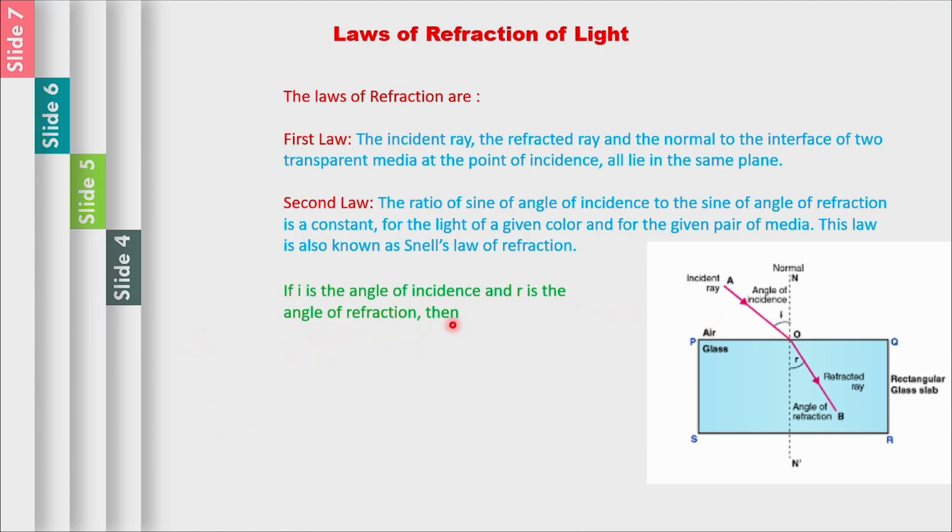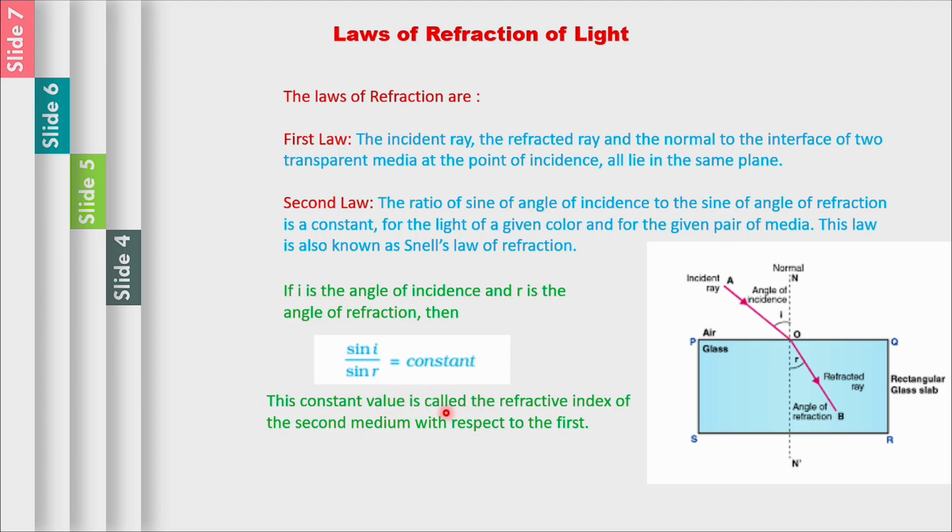So if i is the angle of incidence and r is the angle of refraction, then according to the second law, sin i divided by sin r is equal to a constant. This constant value is called the refractive index of the second medium. What is the second medium here? Glass, with respect to the first, which means air.